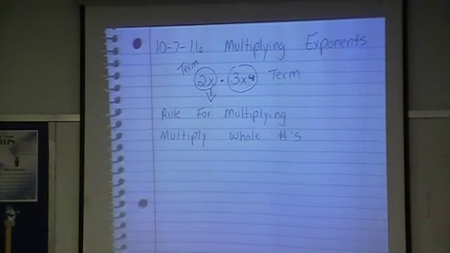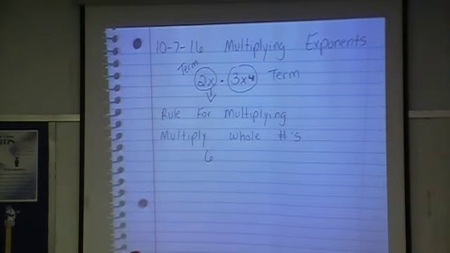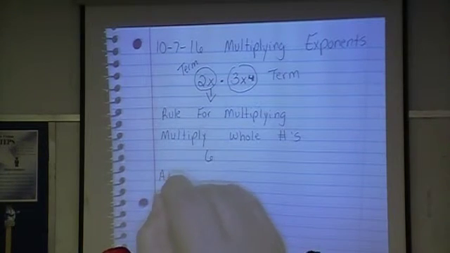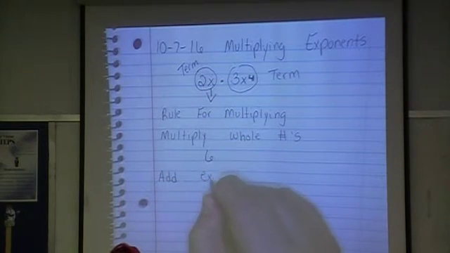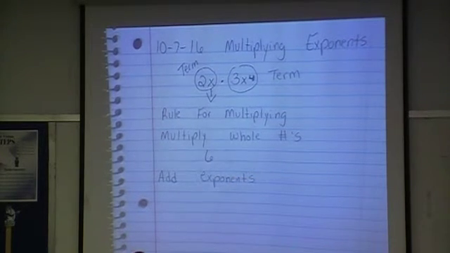So you're going to say 2 times 3 is 6. Then you add your exponents.